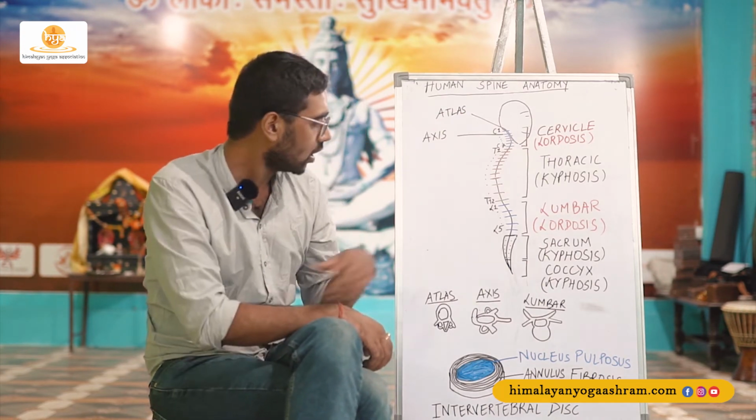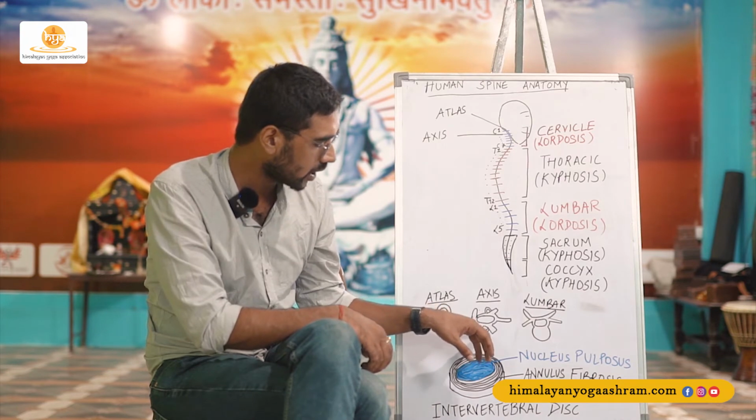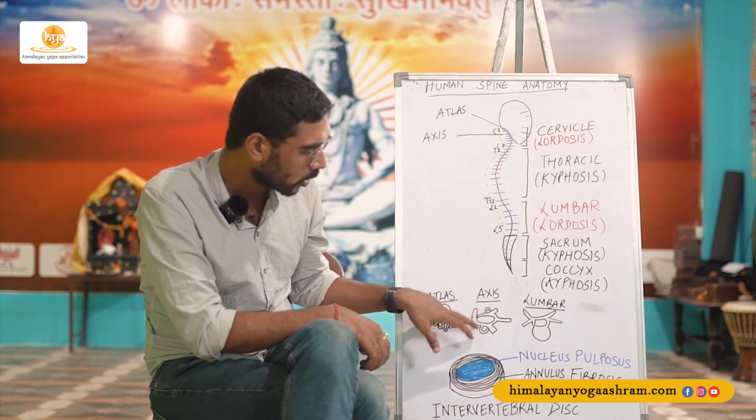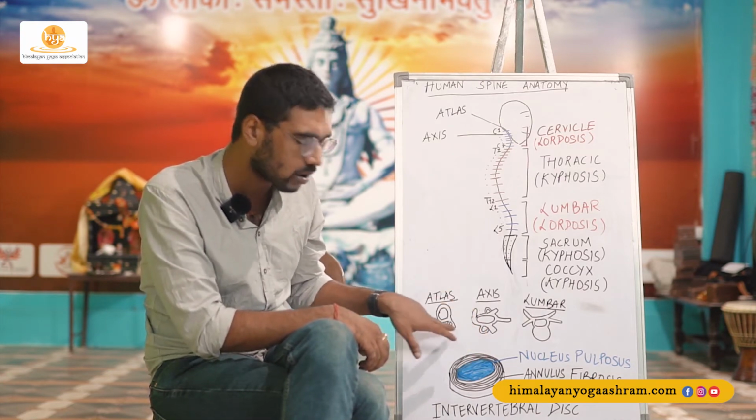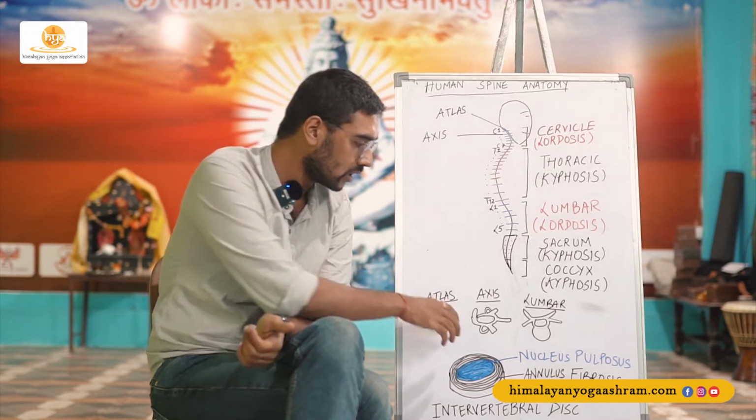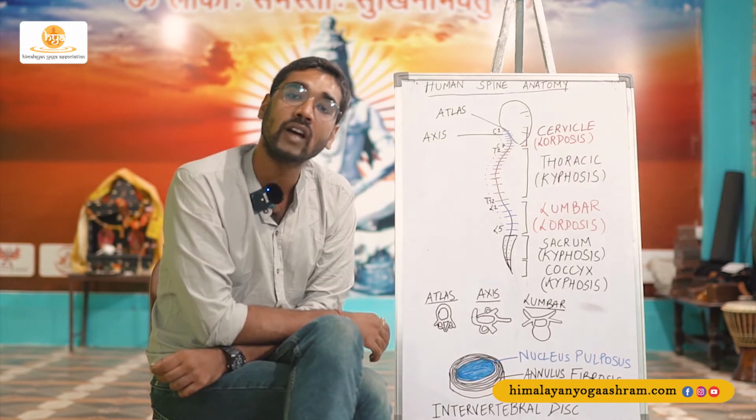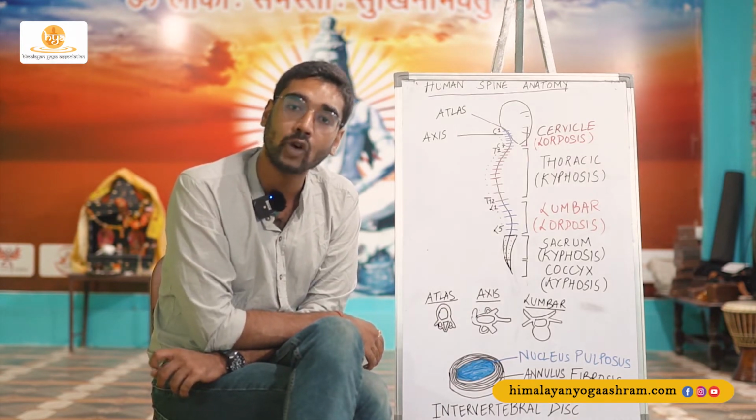On the other hand, you'll see that there are also 2 small holes on either side of the cervical column, the cervical vertebrae. These holes are called the transverse foramen.